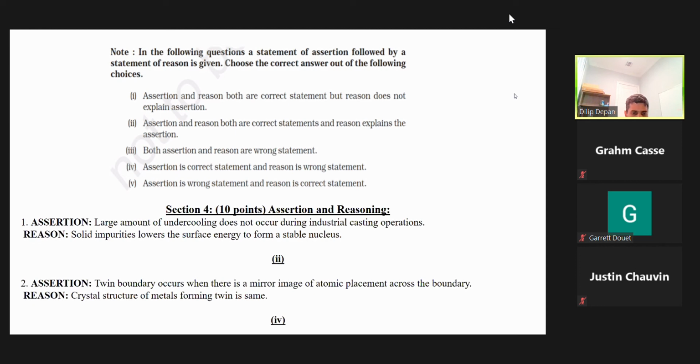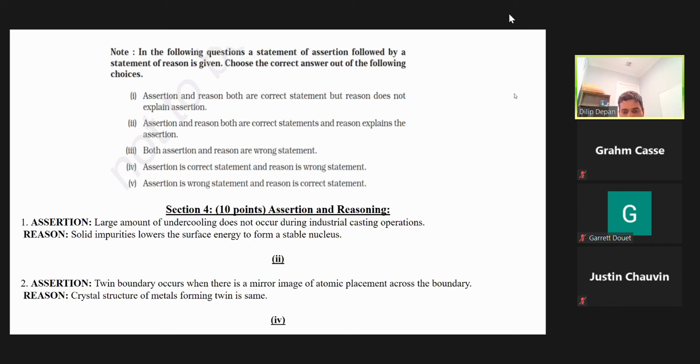In the second question, twin boundary occurs when there is a mirror image of atom placement across the boundary. That's a true statement. Crystal structure of metals forming twin is the same. That is a wrong statement. For example, nitinol is an example of a smart or shape memory alloy, and they are formed from nickel and titanium. They form twin boundaries. But that doesn't mean the crystal structure of nickel and titanium is the same.